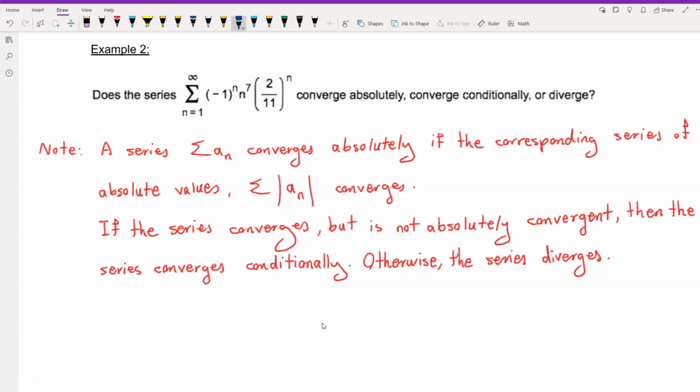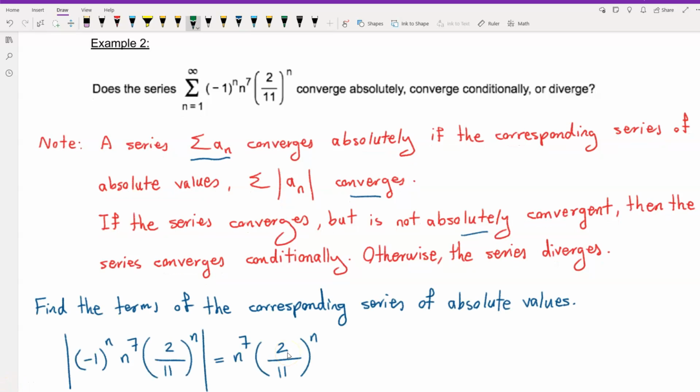A series sum of a_n converges absolutely if the corresponding series of absolute values, sum of the absolute value of a_n, converges. If the series converges but is not absolutely convergent, then the series converges conditionally. Otherwise, the series diverges. So find the terms of the corresponding series of absolute values.